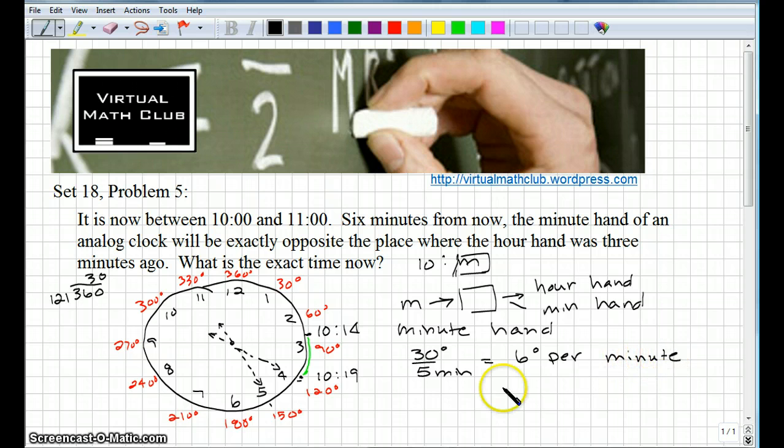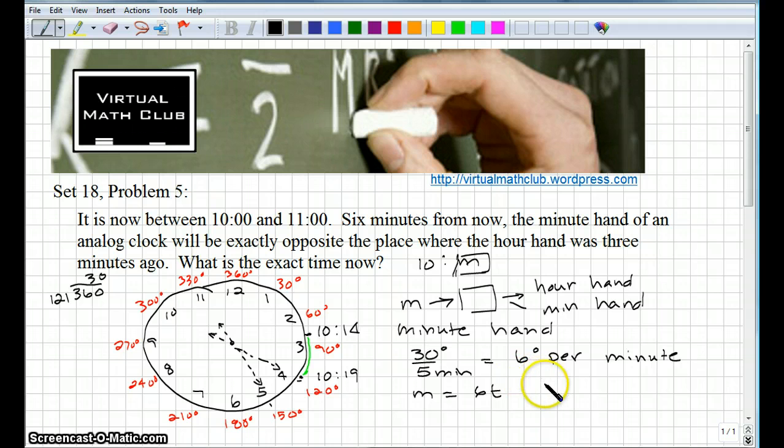Alright, so the position of the minute hand, I'm going to write it as M, is equal to 6t, right? If t is the time.